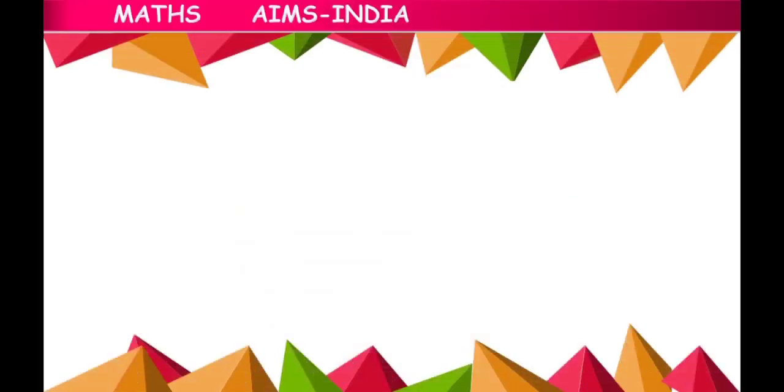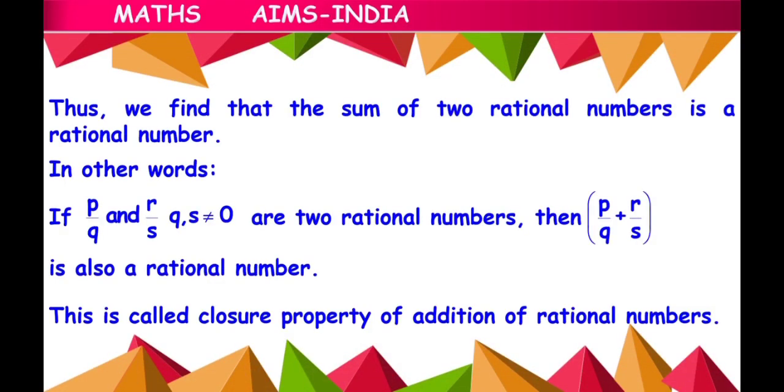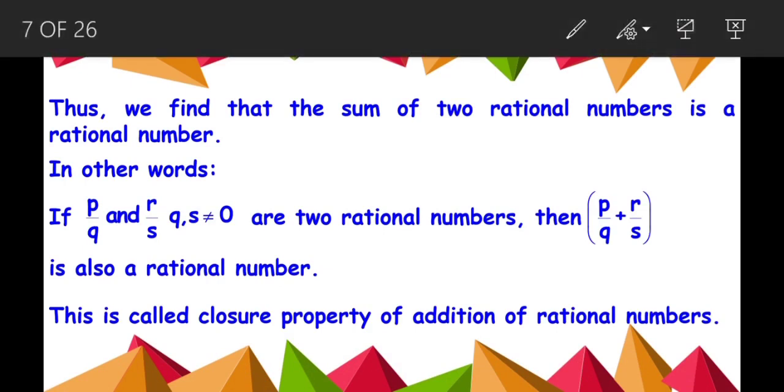So what can we tell, children? If we have two rational numbers, P by Q and R by S, such that Q and S are not equal to 0. Why this condition? Denominator is not equal to 0, because if the denominator is 0, then that rational number does not exist.